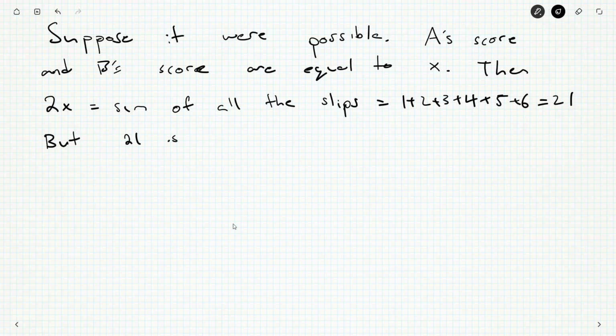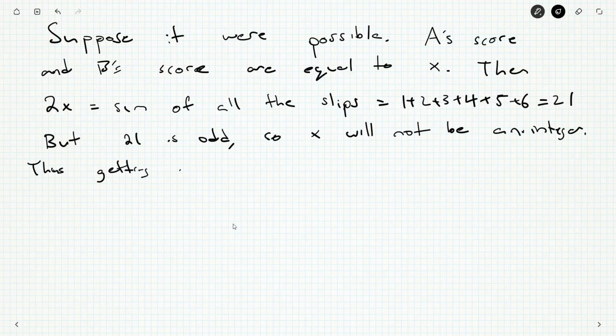But 21 is odd, so x will not be an integer. Thus, getting A and B to have a score of x is impossible.